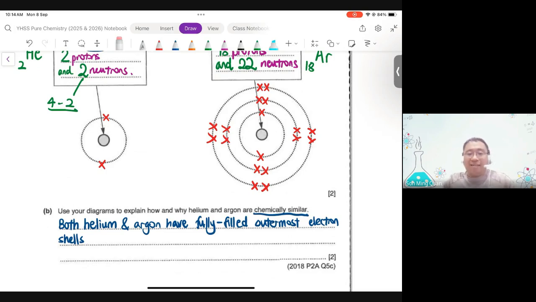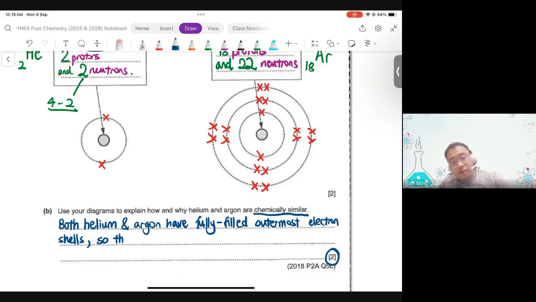Okay? And you should know and recognize that both of them are noble gases, meaning they have fully filled outermost electron shells. But please don't stop here. It's 2 marks. You need to elaborate. So how does the outermost shell being fully filled make a difference?